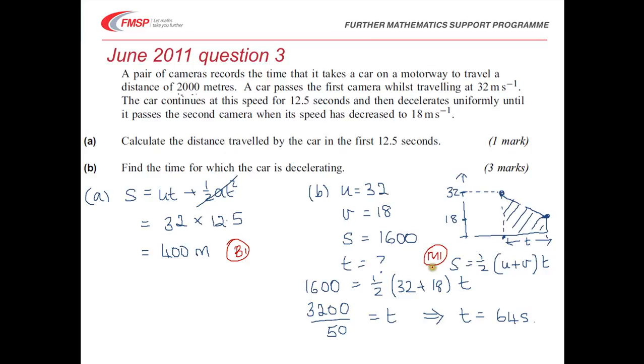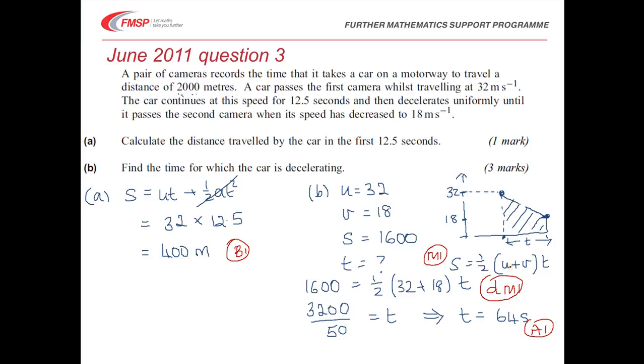You got an accuracy and a dependent method mark, another dependent method mark, at this stage, and then an accuracy mark for the correct answer. The dependent mark was the use of the constant acceleration to find t. As long as you had the 32 and the 18 in there, then you would have got a method mark there too.